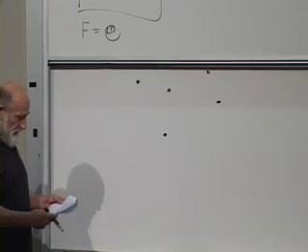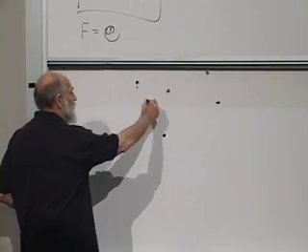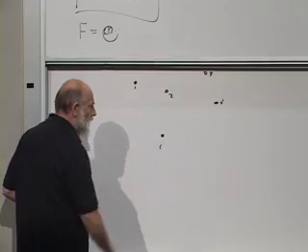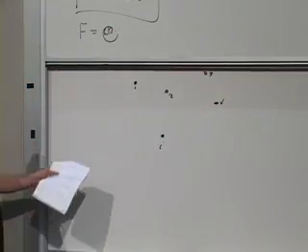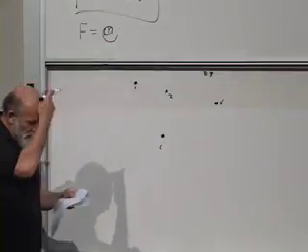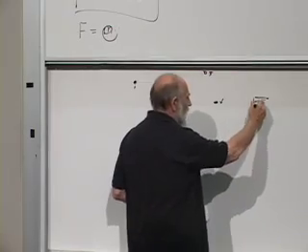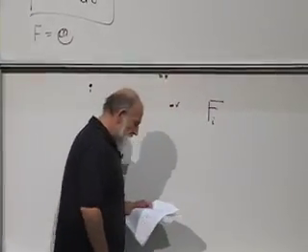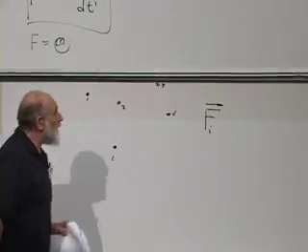But what's the total force on a particle? Let's label these particles. This is the first one, the second one, the third one, the fourth one, dot, dot, dot. This is the ith one over here. So i is a running index which labels which particle we're talking about. The force on the ith particle, let's call it F sub i. And let's remember that it's a vector. It's equal to the sum.